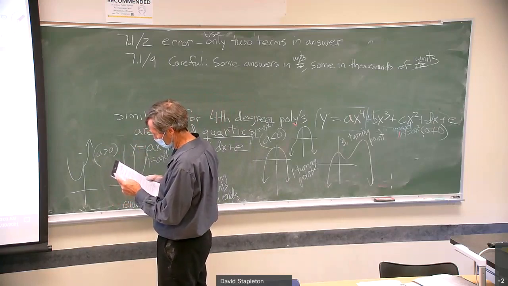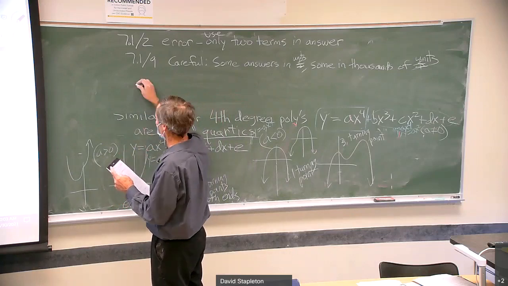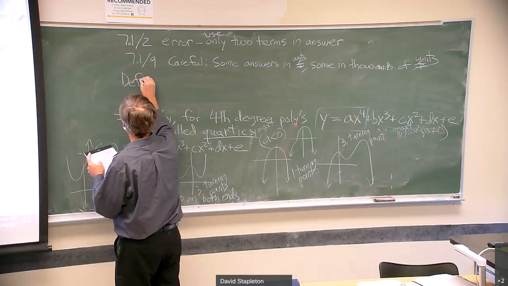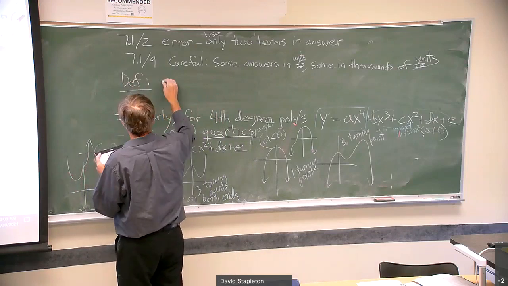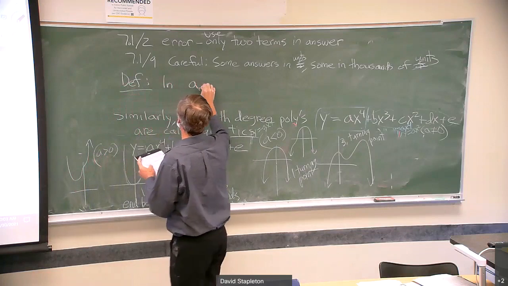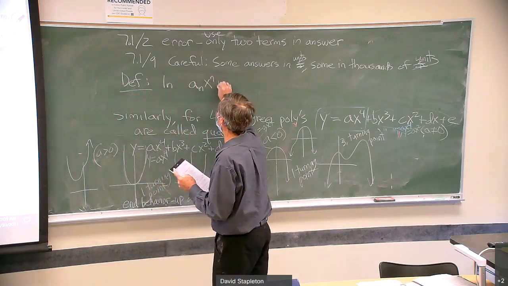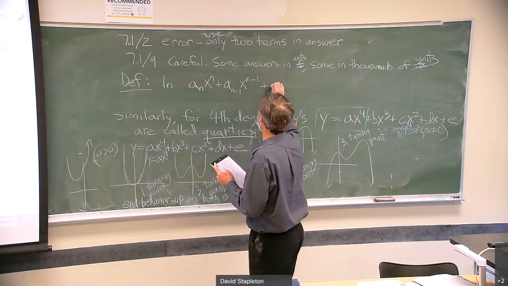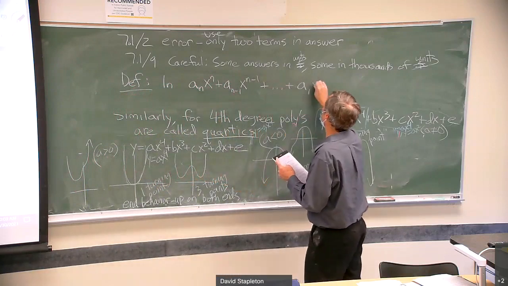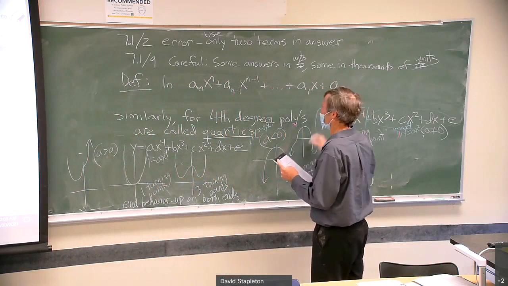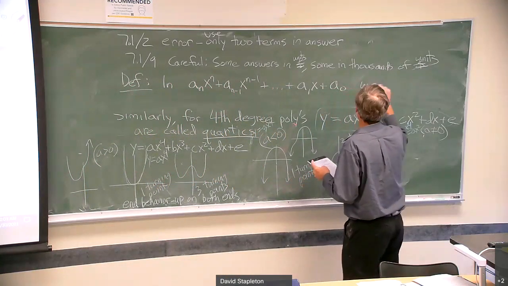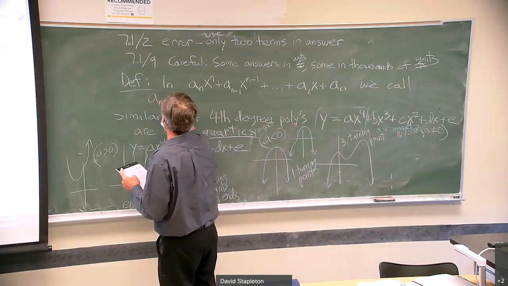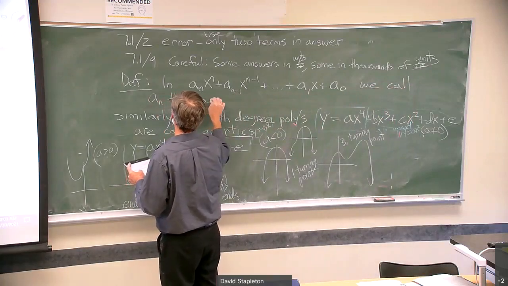All right, so let's do some more polynomials then. Definition. In a polynomial of nth degree, an x to the n plus a n minus 1 x to the n minus 1 plus so on and so forth, a1 x plus a0, we call an the leading coefficient or the lead coefficient.